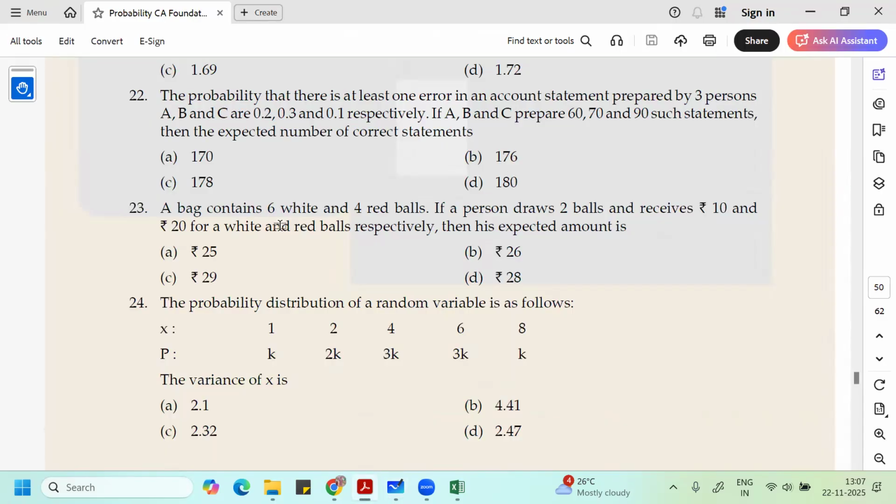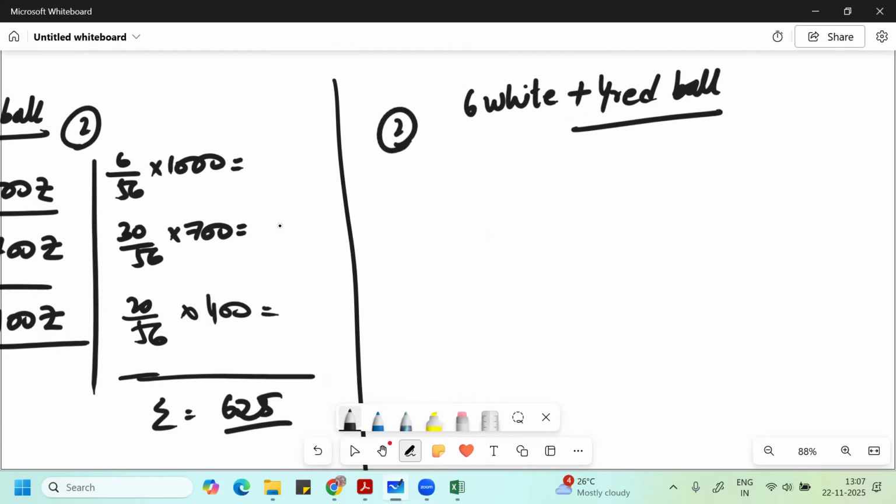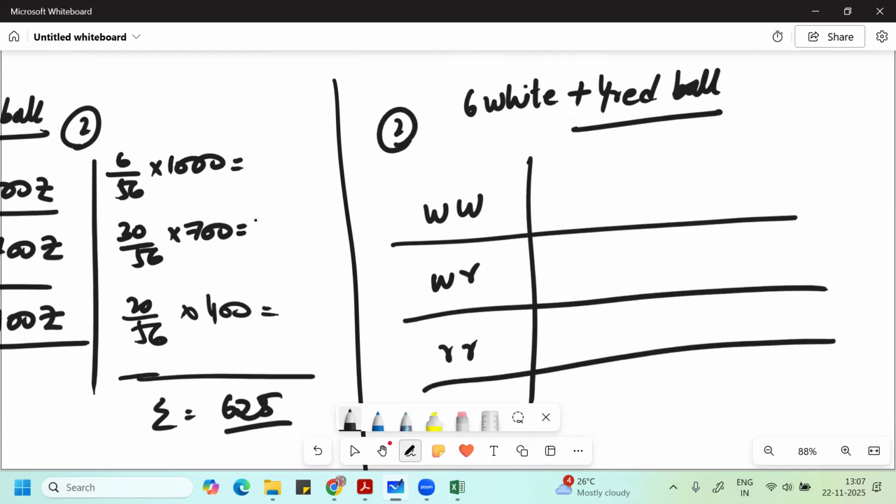If a person draws two balls, what can you get? You can get both white, or white red, or both red. You remember, just now we did this. We can find the probability. Both white means 6C2 by 10C2. One white, one red means 6C1 into 4C1 divided by 10C2.